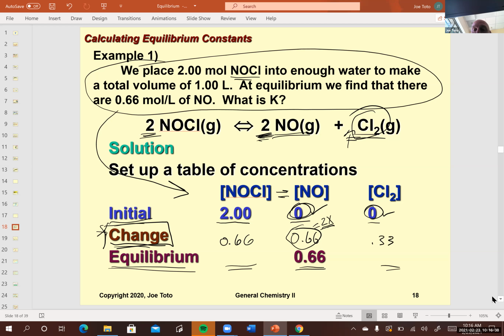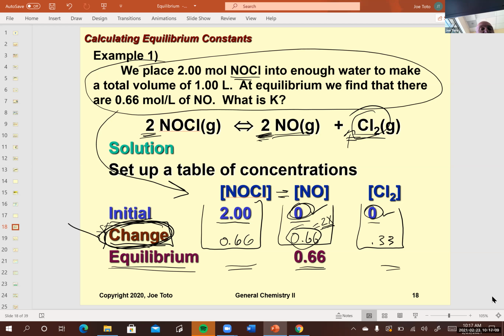All right. And so we looked at that and we said, okay, once we have the change column, I can add up the change row, I can add up these and find out what I have at equilibrium, but I have to know the sign for the change column.